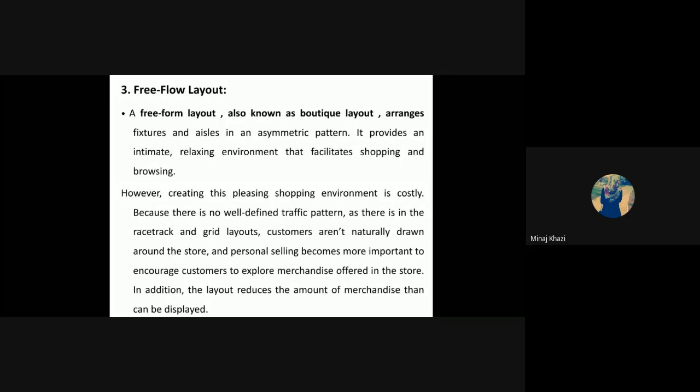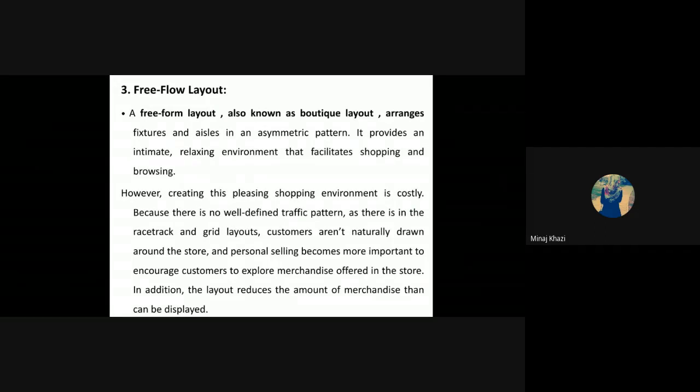But this type of environment is very costly to manage. The traffic which comes into such stores will be very little, and personal selling will be very important. Especially, these stores are more concentrated on rare or exclusive customers who visit looking for that specific brand and also help from the retailer.